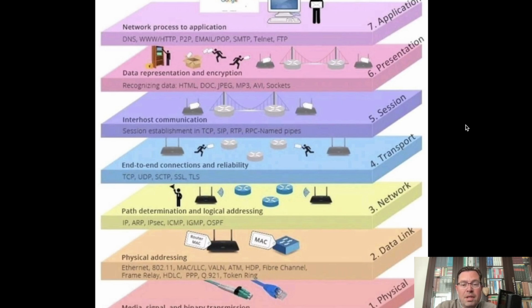And then you have the presentation level. So that is basically when the session is open and the data is actually flowing. This can be an HTML format or a doc format or JPEG, MP3. Those are all different kinds of formats of the actual piece of data. HTML, of course, being web pages. Doc is Word documents.